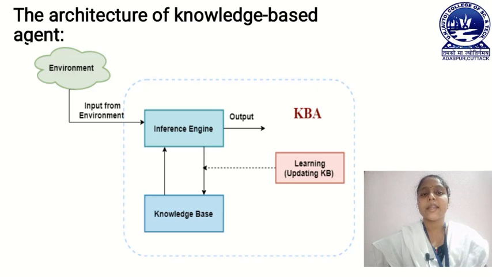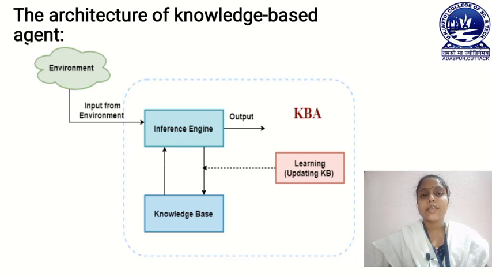Next is the architecture of the knowledge-based agent. Now look at the figure. In this figure, the knowledge-based agent takes the input from the environment through its sensor, and this input is given to the inference engine of our knowledge-based agent.